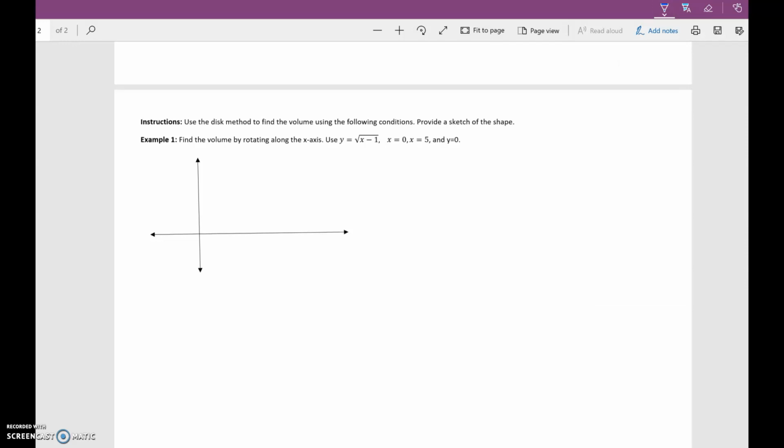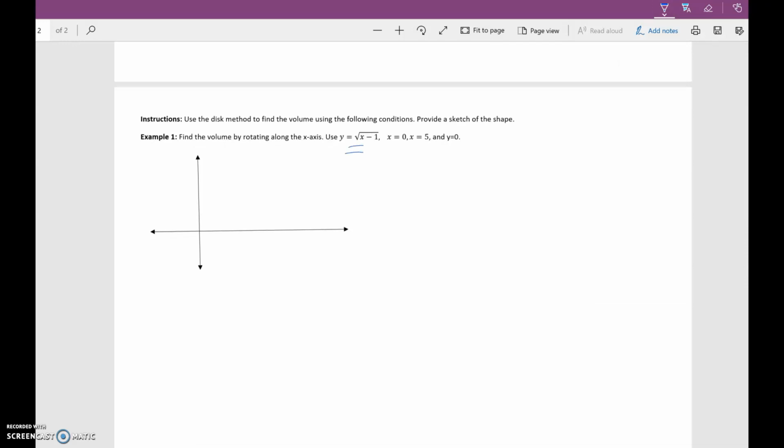They're talking about this function: y is equal to the square root of x minus 1. These are your bounds. So in this case, this is technically the value of 1, which is going to have a dot there, and then at x is equal to 5. So 1, 2, 3, 4, 5.